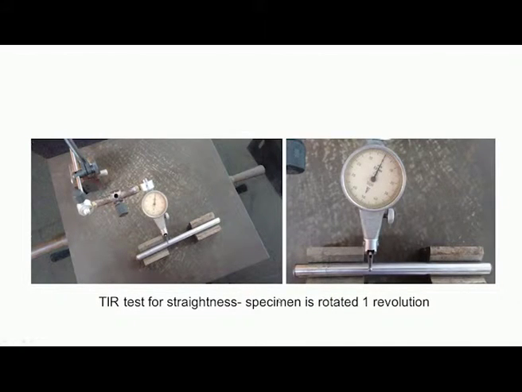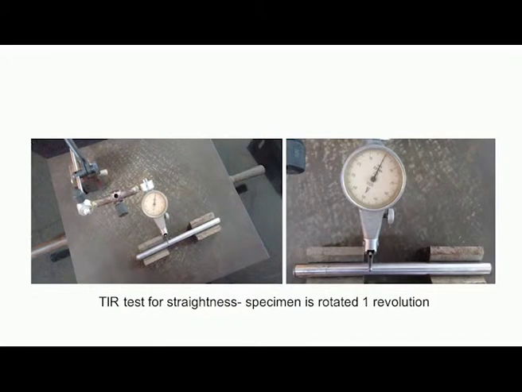Now, I can show some photographs; these pictures will show how we can conduct the TIR test. Now, we have supported the specimen. The specimen length is about 30 centimeter, with a diameter of about 12 millimeter, and it is supported by 2 cleaned V blocks. The 2 V blocks are kept on the surface plate, and then the rod specimen is placed on the V blocks.